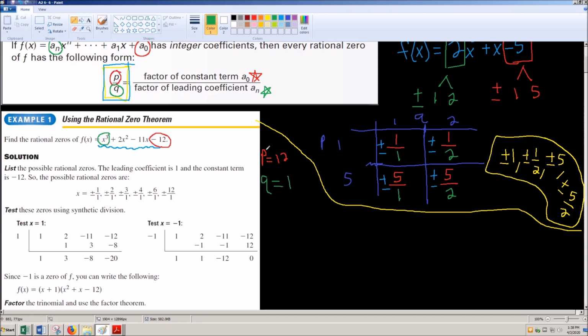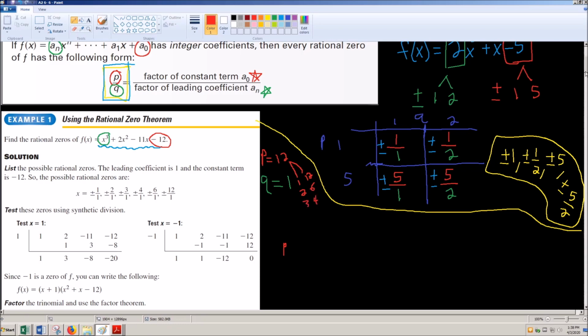So now as I look to these, I'm looking to figure out what all the different factors are so I can come up with a list of my possible rational zeros. So again, I'm going to have all my possible p's over all my possible q's. So let's write this out. For my p's, what are my factors for 12? So I can do 1 and 12, I could do 2 and 6, or I could do 3 and 4.